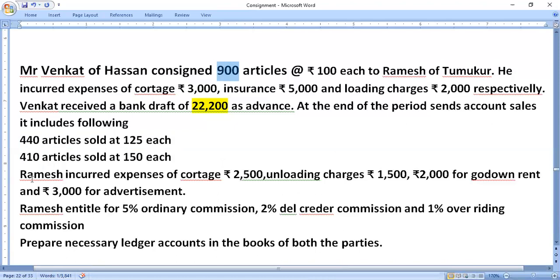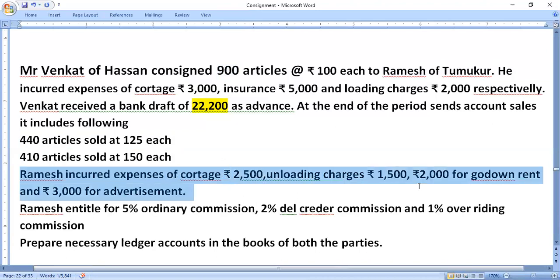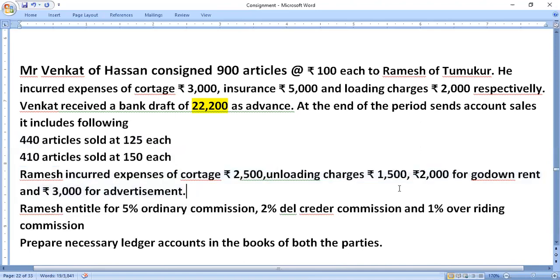Again, Ramesh incurred expenses: cartage 2,500, unloading charges 1,500, 2,000 for godown rent, and 3,000 for advertisement. Very important: here godown rent and advertisement are treated as recurring expenses. Unloading charges and cartage are non-recurring expenses.